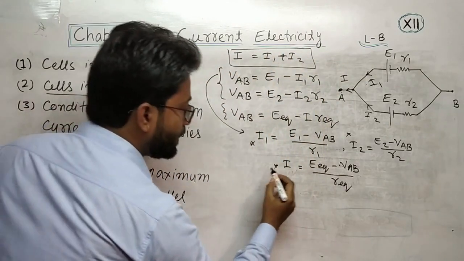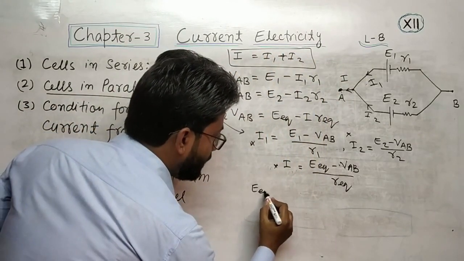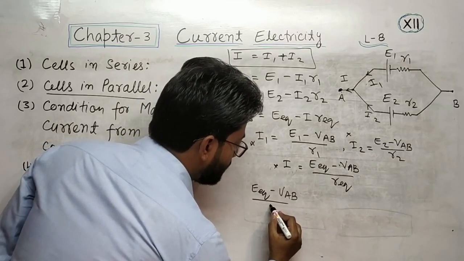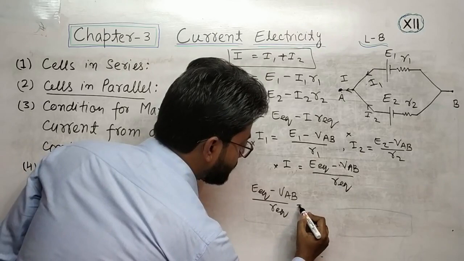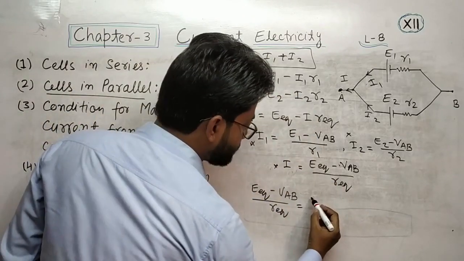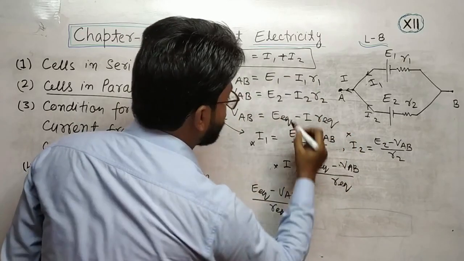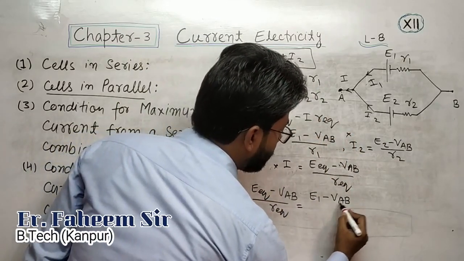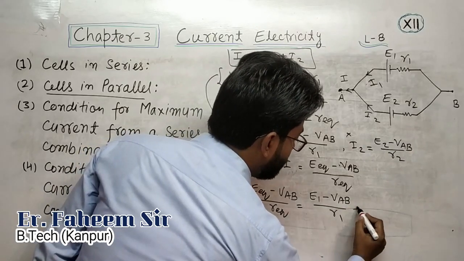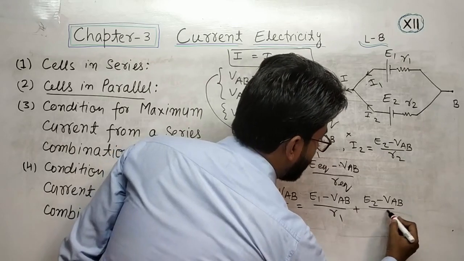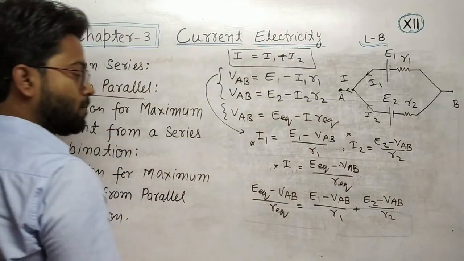What will we get? E equivalent minus V AB upon R equivalent is equal to I1 plus I2. I1 is E1 minus V AB upon R1, plus E2 minus V AB upon R2.